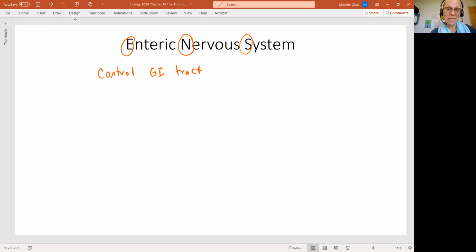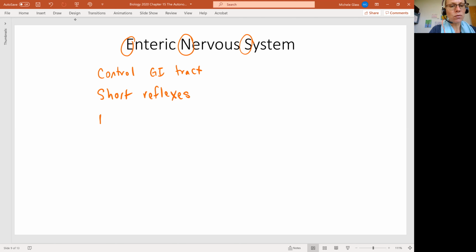What we will see with the enteric nervous system is that this is primarily short reflexes. And we defined short reflexes in an earlier presentation as bypassing the central nervous system. So we are seeing processing that's occurring in the peripheral nervous system as it relates to coordinating the stomach, small and large intestine.